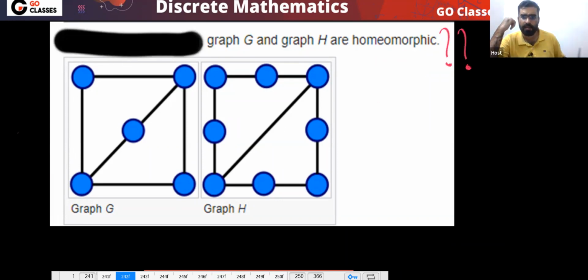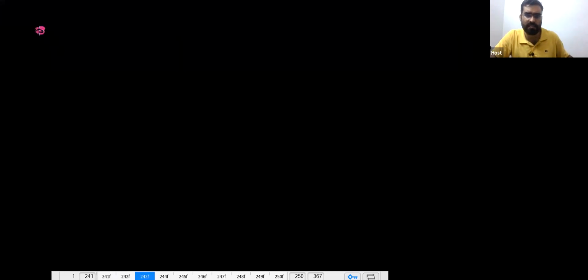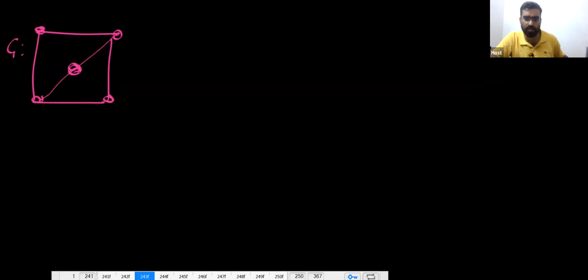Homeomorphic means some subdivision of G is isomorphic to some subdivision of H. So I can create a subdivision of G. This is the G that is given to you, and this is the H that is given to you.